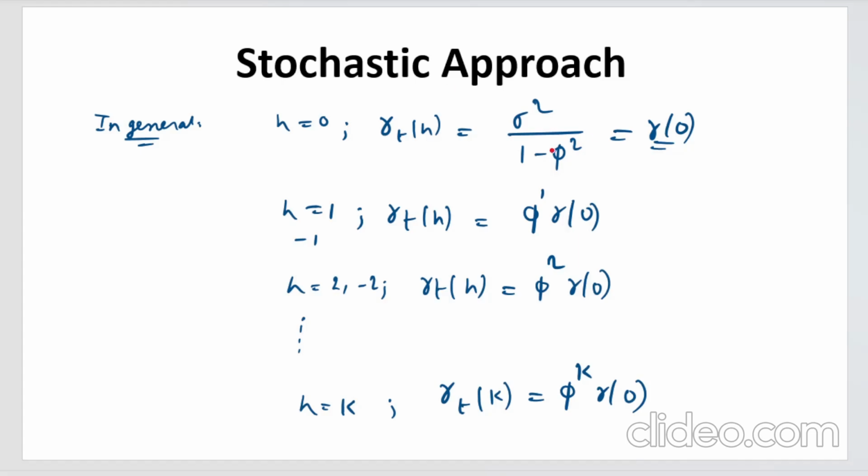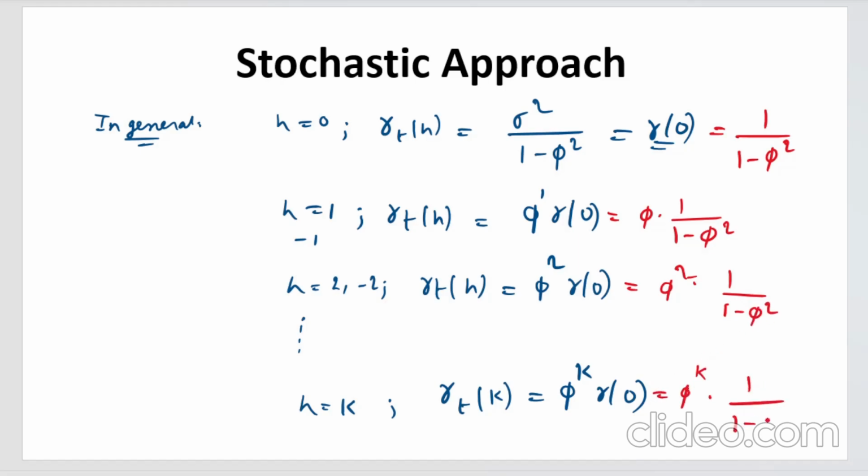So here you will have sigma square is 1, so 1 upon 1 minus phi square, and it will be phi square to the power k into 1 upon 1 minus phi square, right? I hope this thing is clear. So this will give you your autocorrelation function.